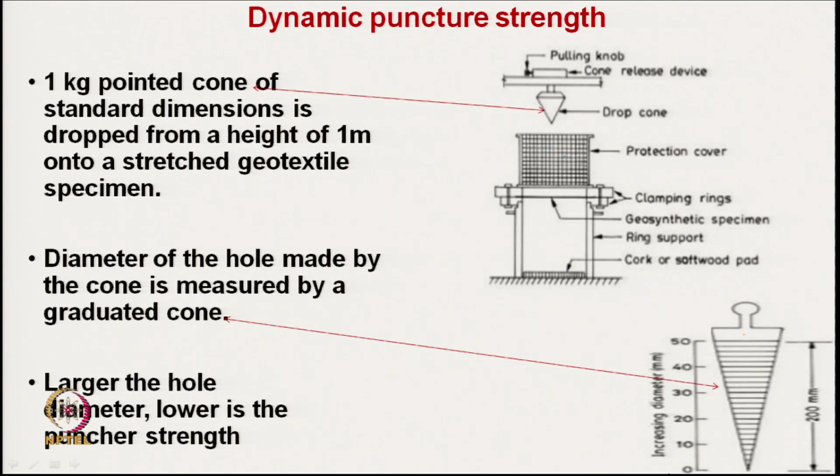It is gauged at different heights, and the diameter will be different at different heights. The diameter of the hole made by the cone is measured by a graduated cone. With this graduated cone we can directly measure the diameter of the hole. So, the larger the hole, the lower the puncture strength, and we get a direct idea.